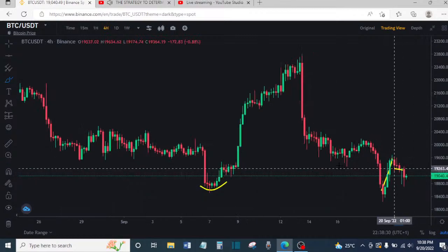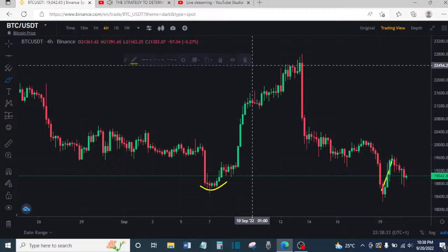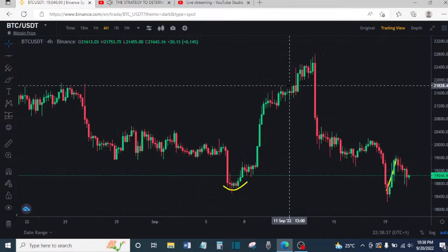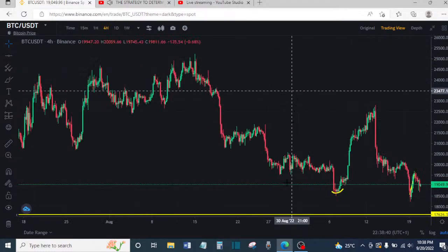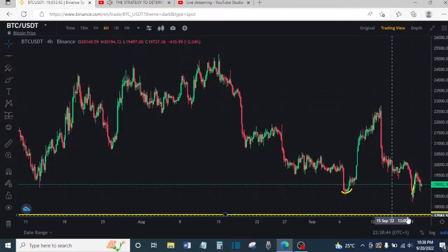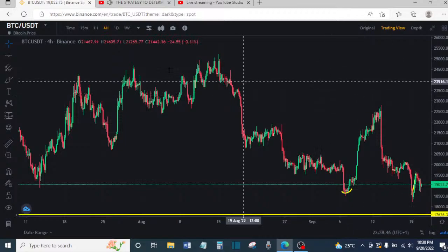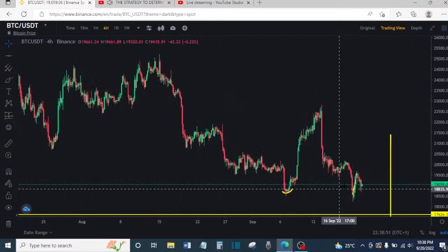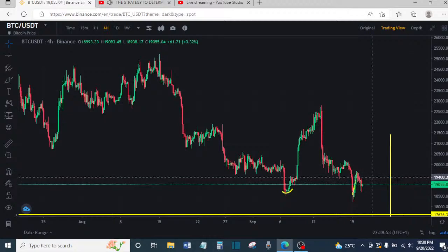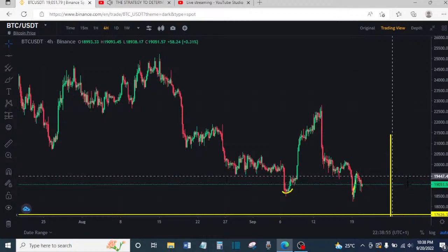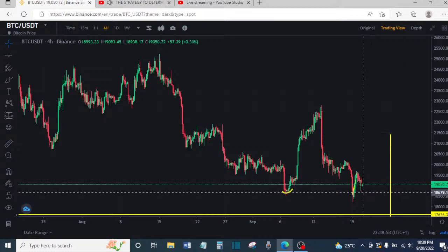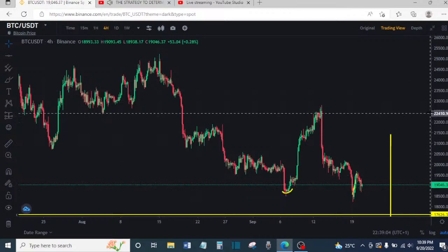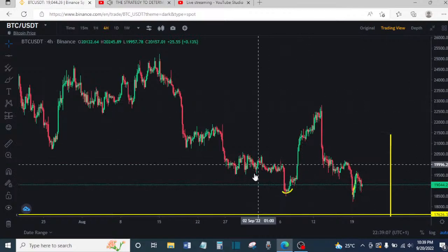If I am going to be placing my buys around this area, on the probability that price will not fall towards this $17,000 mark again, I would like to wait for consolidation around this area. Let the market consolidate well, then take out the consolidation. That's the market structure. Once there is a takeout, then I will know when to buy. You will see it clearly. It's going to be very clear.